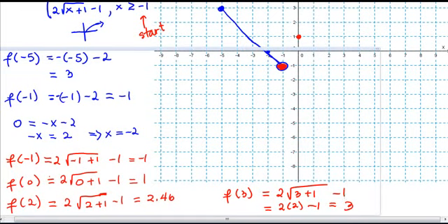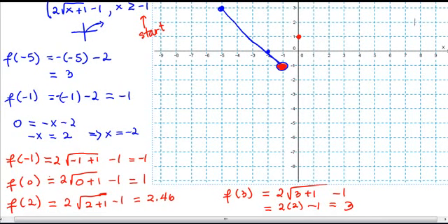So let's graph it: when x equals 3, y is 3. So right here. When x equals 2, approximately around here, because it's almost half, right here. So the graph will go in this shape, like that.